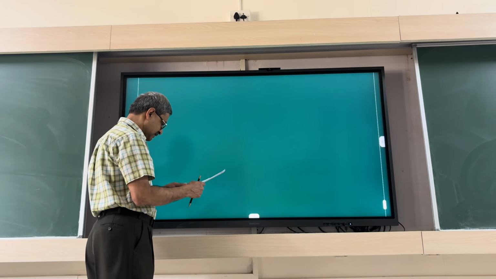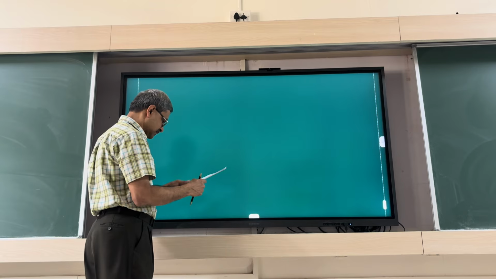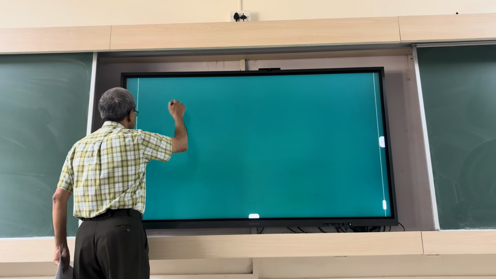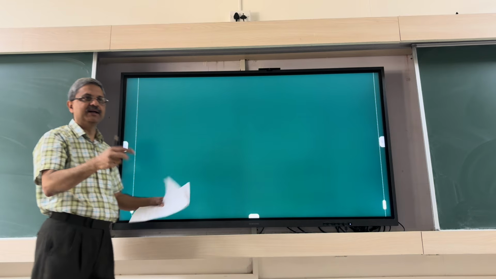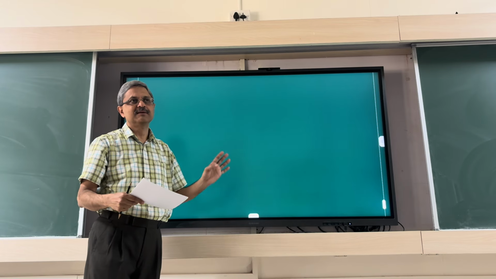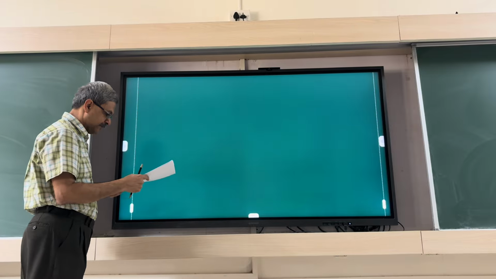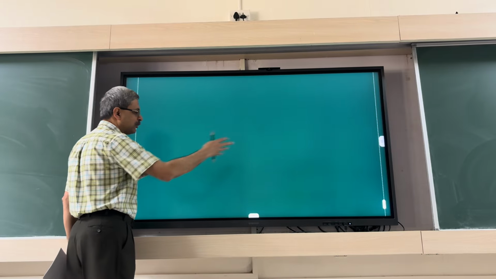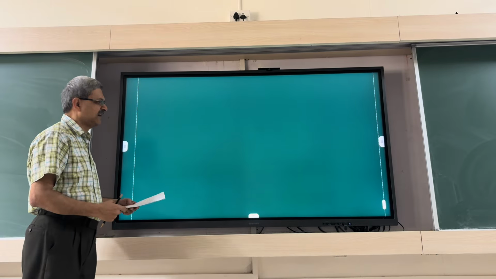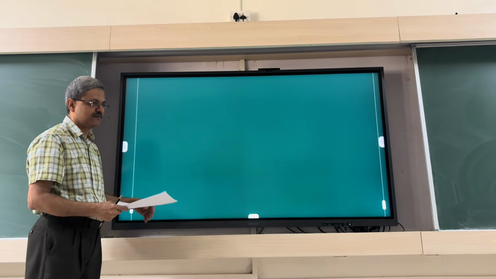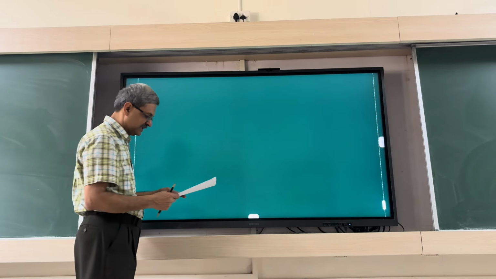In the previous case, once you are in equilibrium, the populations N plus and N minus are equal. Now, when you have coupling with the lattice, we expect they will not be equal. We'll see how that's the outcome of the equation.